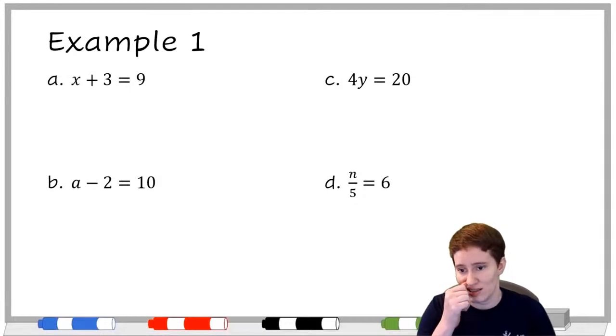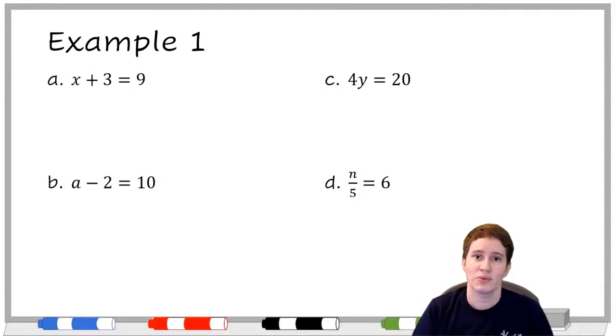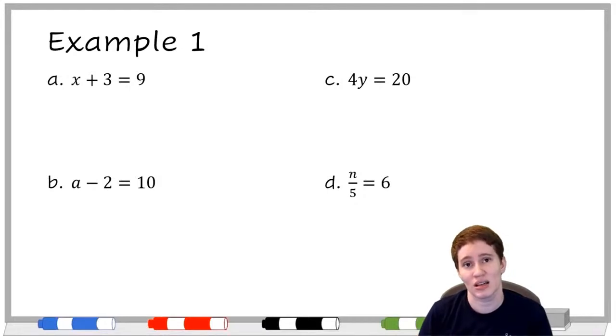As I look at these, there's more than one way to do this, and I actually want us to use mental math. Just like what we did in the warm-up, I want us to sit and think about the answer. Looking at A, the first equation, it says x plus 3 equals 9.